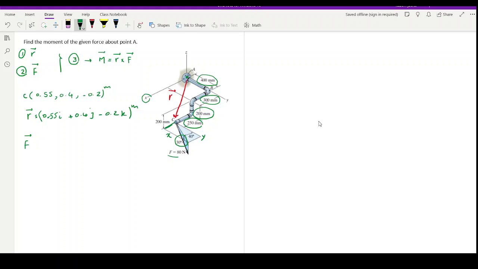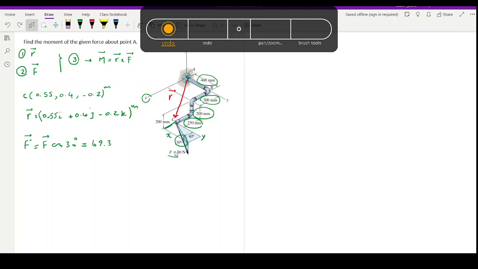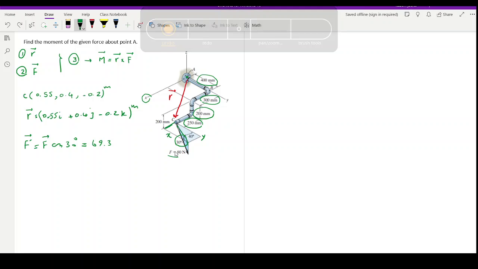Therefore, F prime is going to be F cosine 30 degrees. You need to first find this one, and that's going to be 69.3 Newtons. Now, F prime is this force that acts in here. This is our F prime.